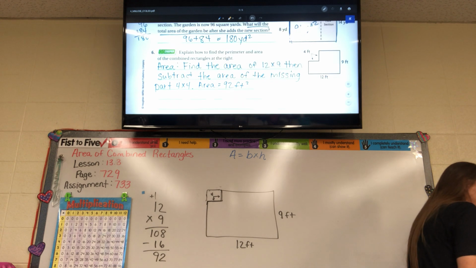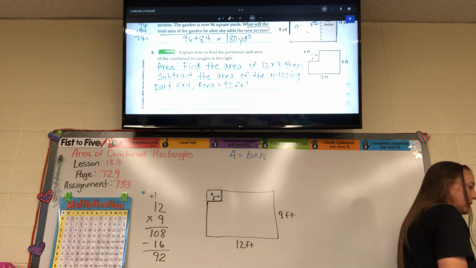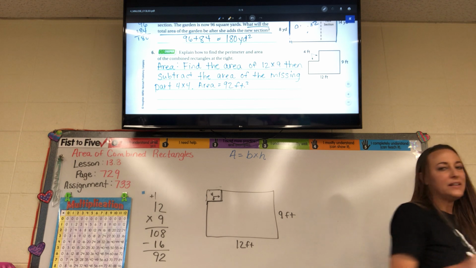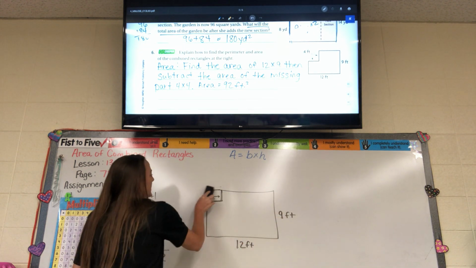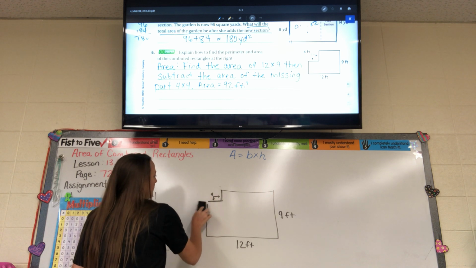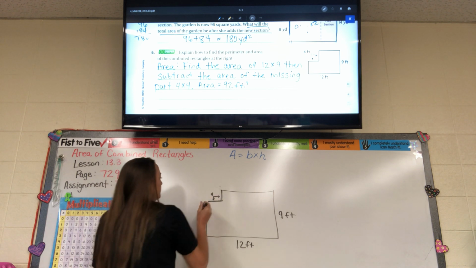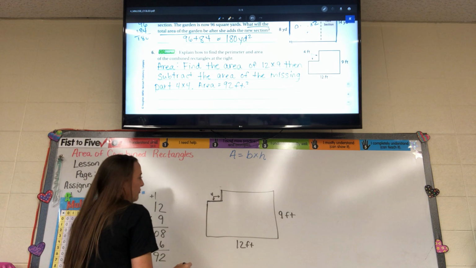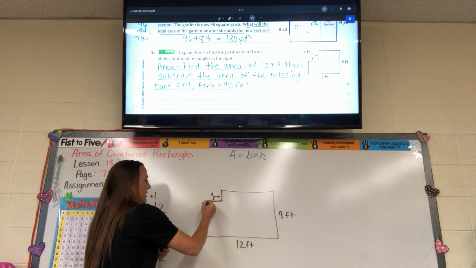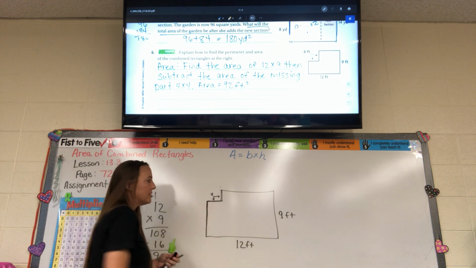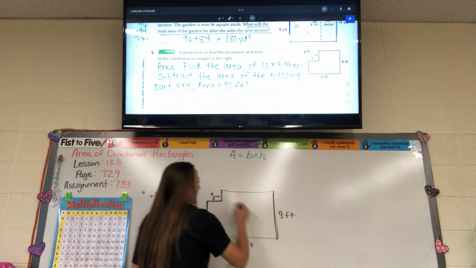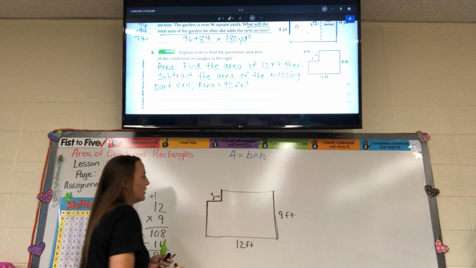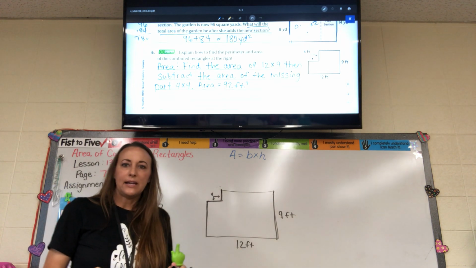Now with the perimeter, we have to fill in the missing numbers. Okay, so let me get this off of here so we won't be confused. To find the perimeter, first we need to figure out what the length is of this. If I know that this is 9 and this is 4, what is the difference in 9 and 4?